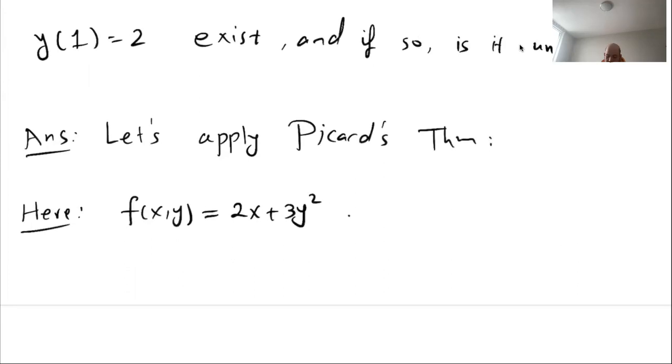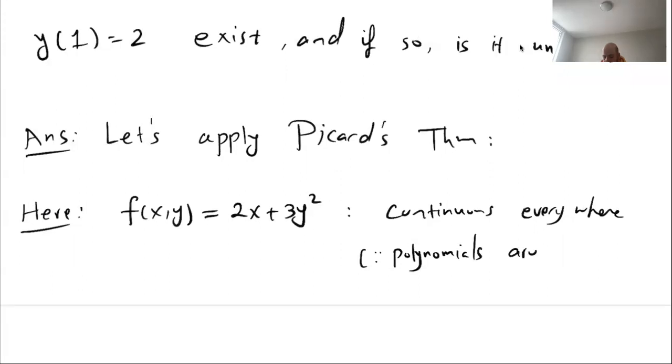So this function is, of course, continuous everywhere, because it's a polynomial of two variables. Polynomials are always continuous everywhere, whether in one variable or two variables.